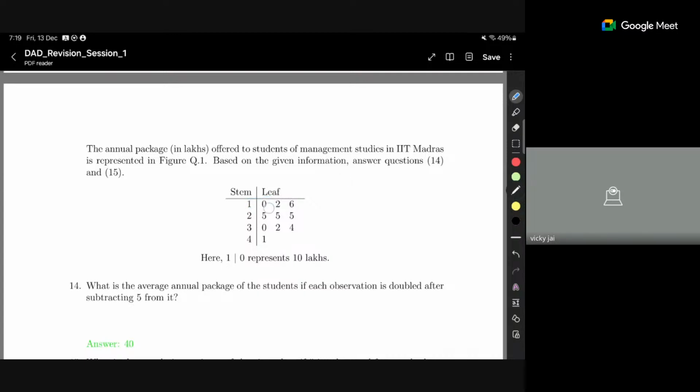If representation is different, then you have to think about what it means. It is always given how you have to read the representation of the leaf plot. Okay, so in this first row, the data is 10 lakhs. Then 12 lakhs, 1 from here, 2 from here, so 12 lakhs, then 16 lakhs.